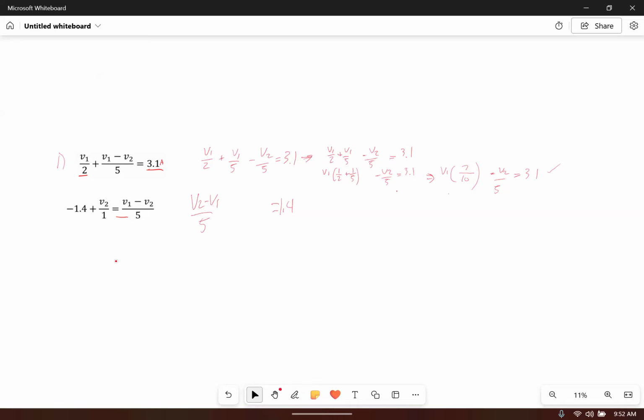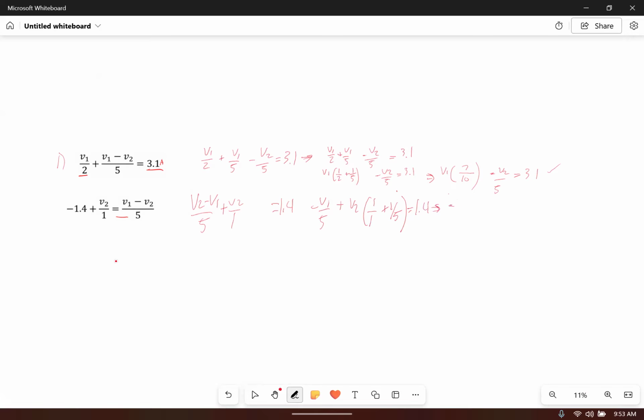So instead of V1 minus V2, it's V2 minus V1. So then that becomes V2 over 1, and that equals 1.4. Now I'm going to go ahead and collect my terms. V1 over 5 plus V2 and factor 1 over 1 plus 1 over 5. And I continue. That equals 1.4. I've got to keep my 1.4 in here.